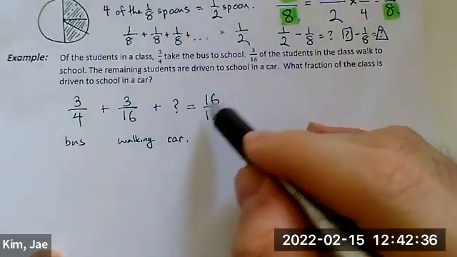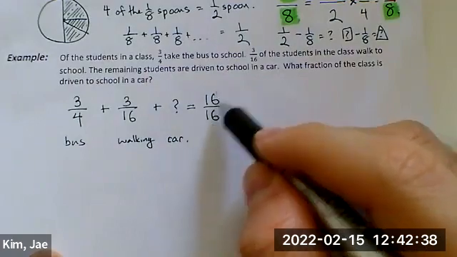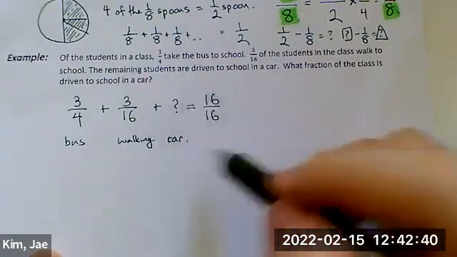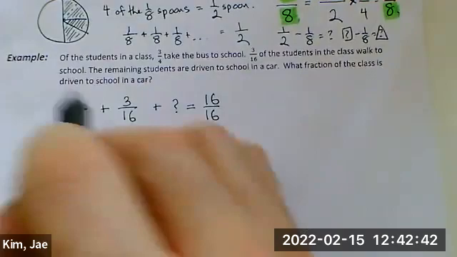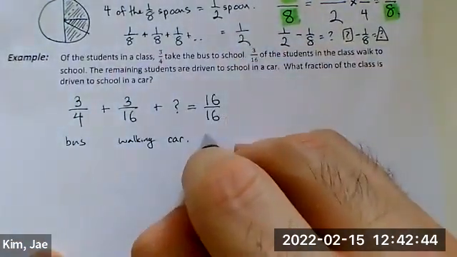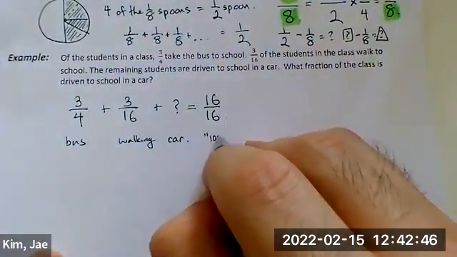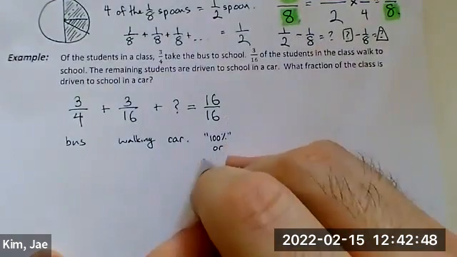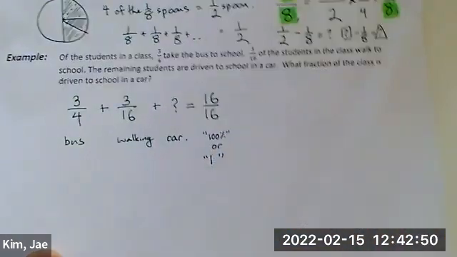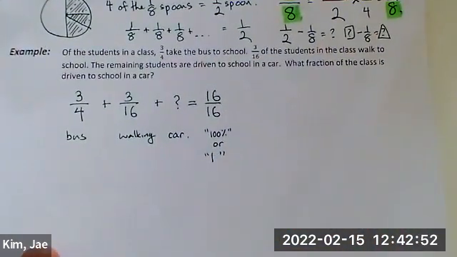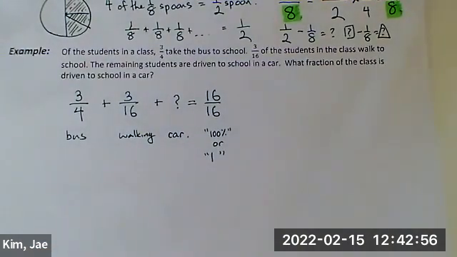if I break the class down into 16 students, well, I'll have all 16 adding together, right? Because this all has to equal 100%. That's it.